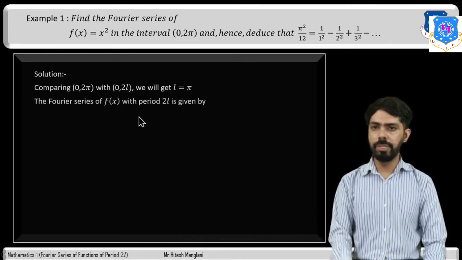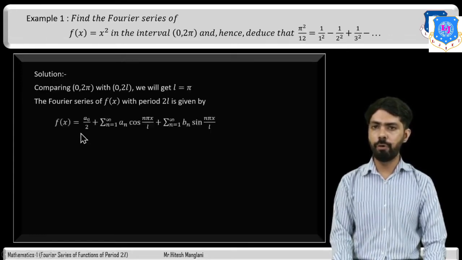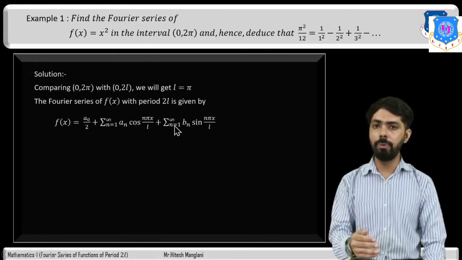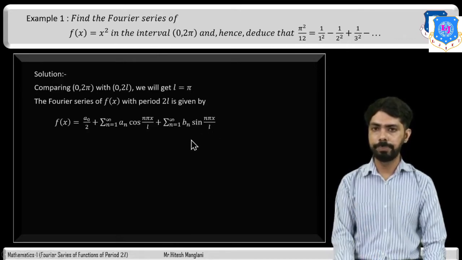Now, as we have discussed earlier, the Fourier series of function with period 2l is given by f of x is equal to a0 divided by 2 plus sigma n equal to 1 to infinity an cos n pi x divided by l plus sigma n equal to 1 to infinity bn sin n pi x divided by l.